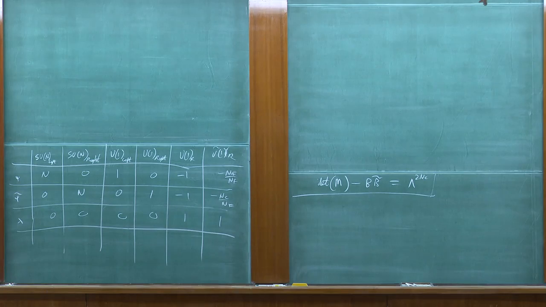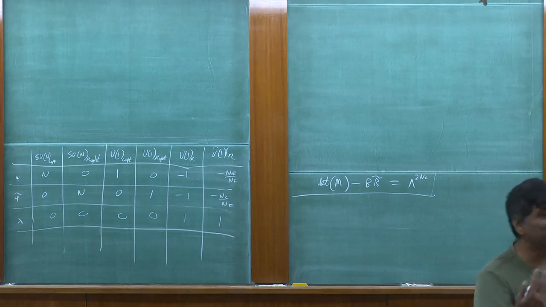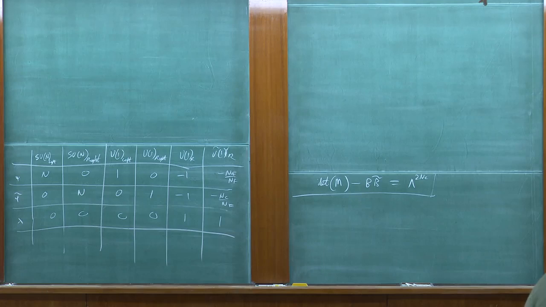But if B is non-zero, then U1 left is broken. You've got a field charged under U1 left. Similarly, if B tilde is non-zero, you've got a field charged under U1 right. More seriously, remember the conserved currents here.